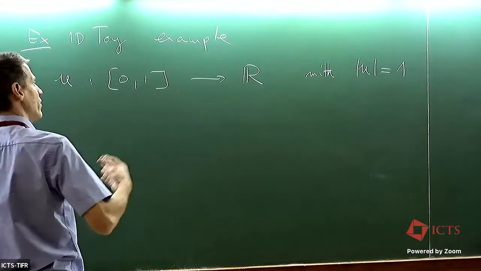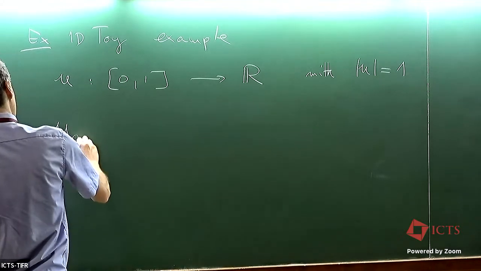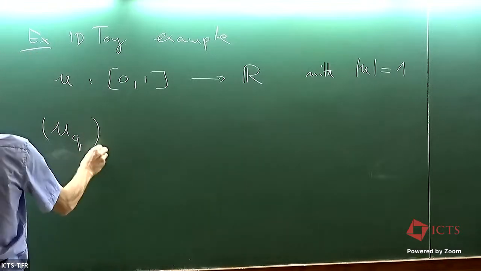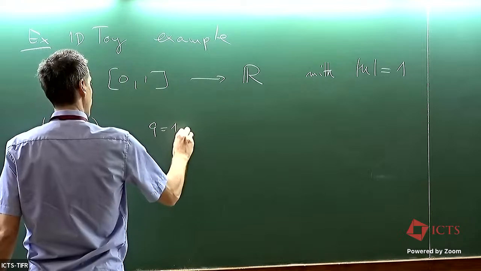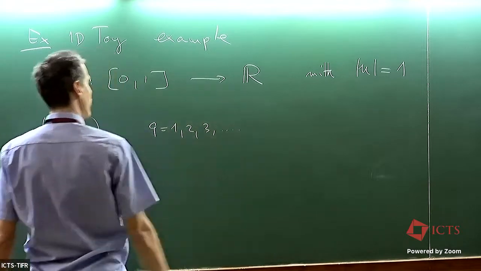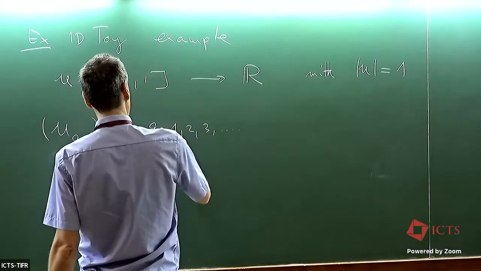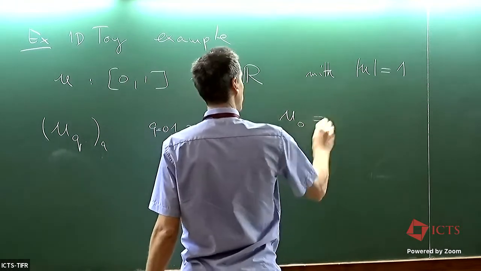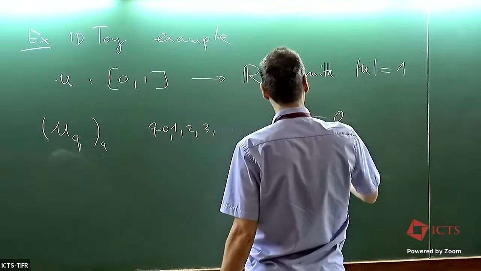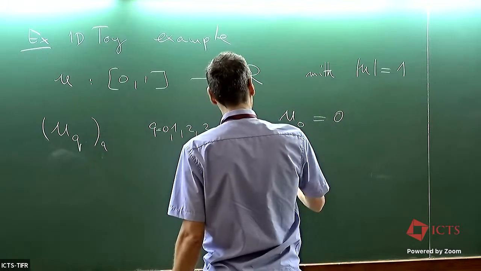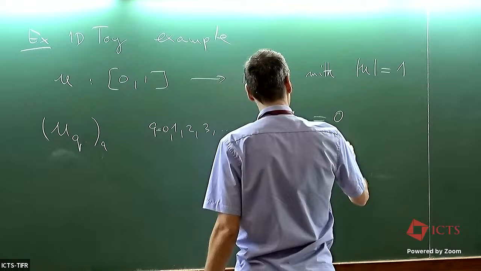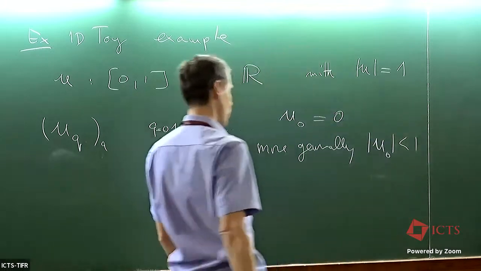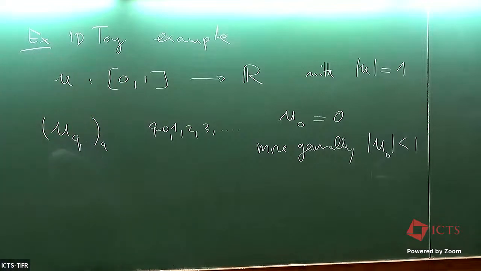Convex integration is an iterative technique, so there's a sequence u_q, q = 1, 2, 3, and so on. We start with u_0 being, say, 0, or more generally something with modulus strictly less than 1 in the whole interval.